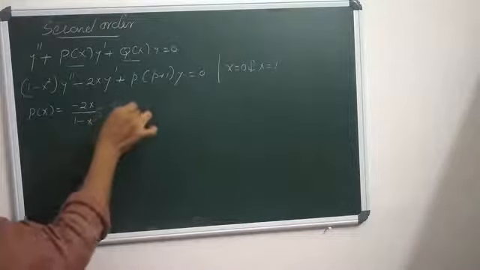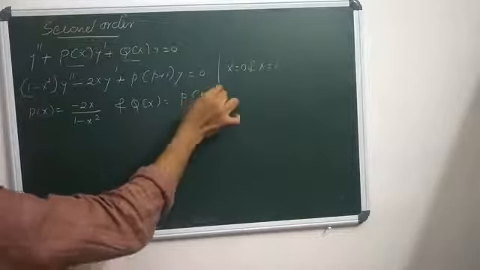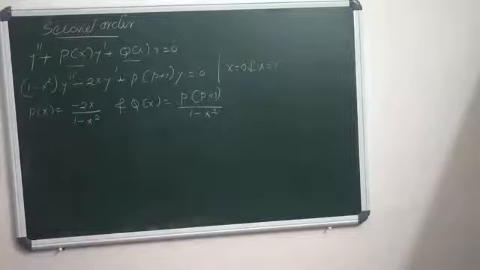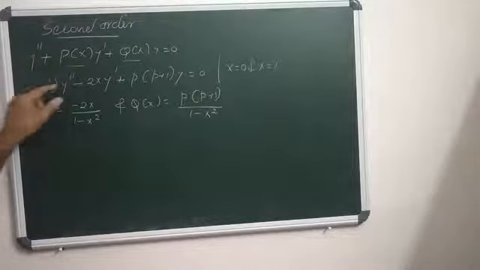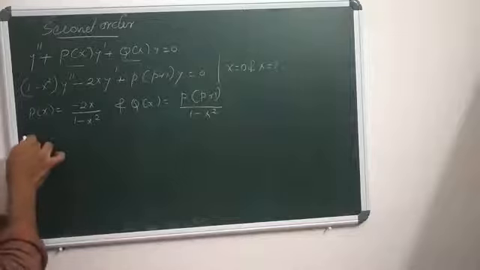And what is q of x? q of x equals p into p plus 1 divided by 1 minus x square. When you compare the Legendre equation with the standard second order equation, we know that p of x is minus 2x by 1 minus x square and q of x is p into p plus 1 by 1 minus x square.